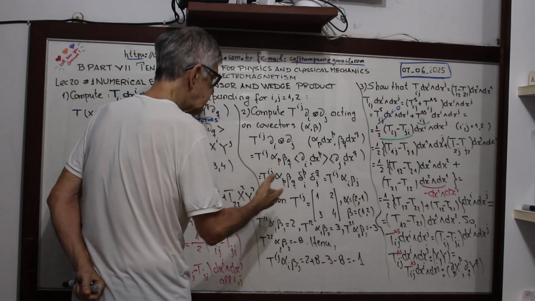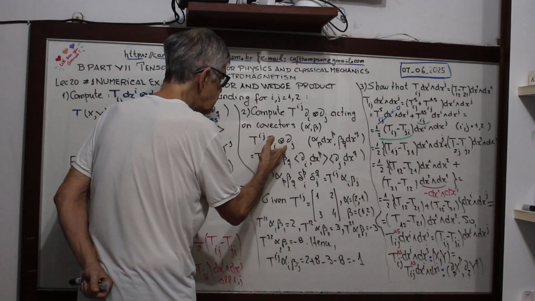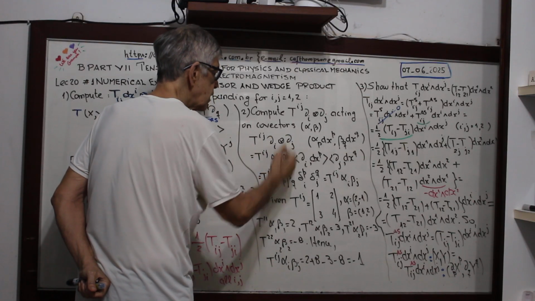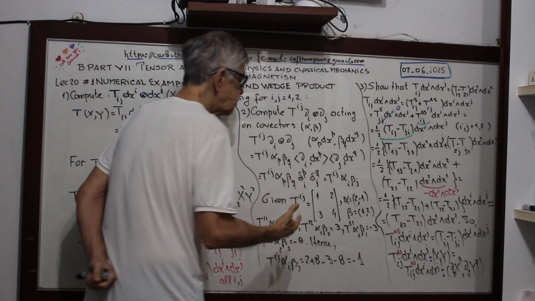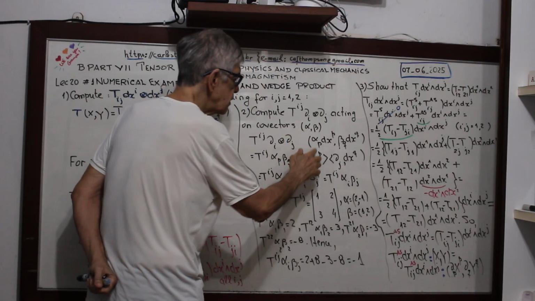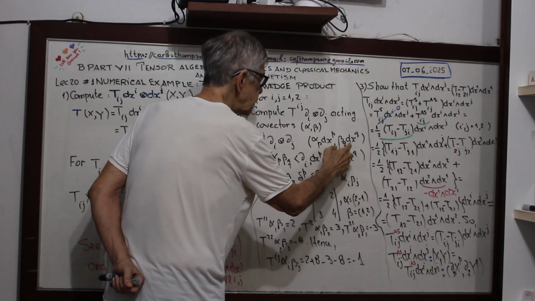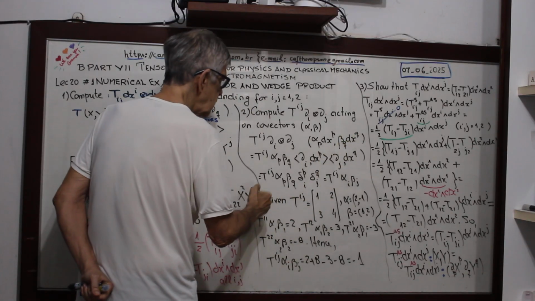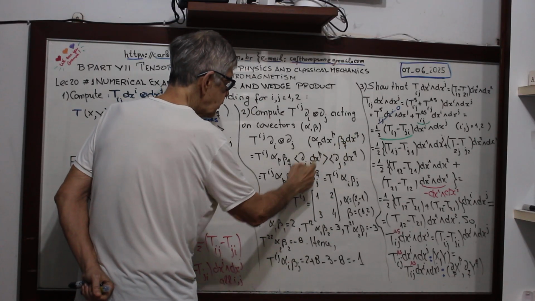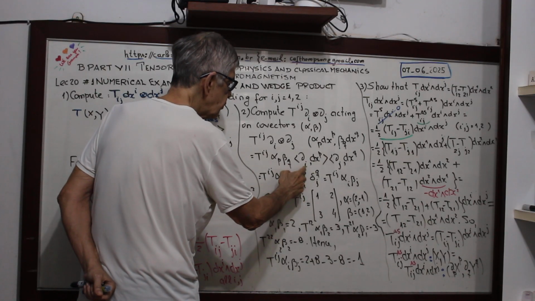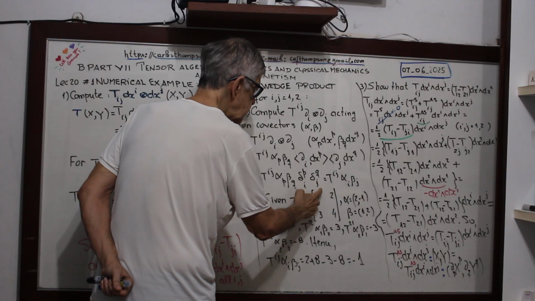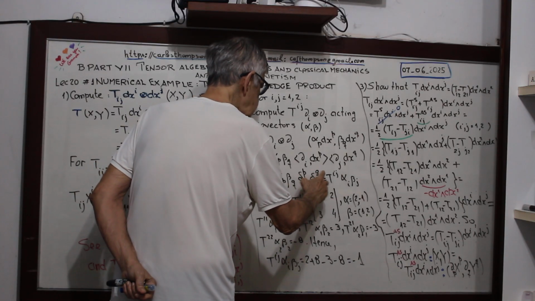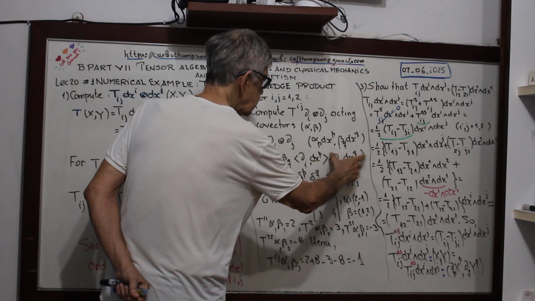So in this case, T^ij partial x_i tensor product partial x_j acts on alpha and beta. Alpha expressed in terms of components is alpha_p dx^p, beta is beta_q dx^q. Again, this is the Kronecker delta, delta_ip, Kronecker delta, delta_jq.